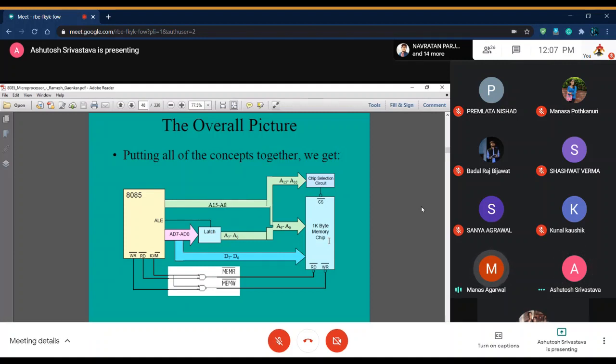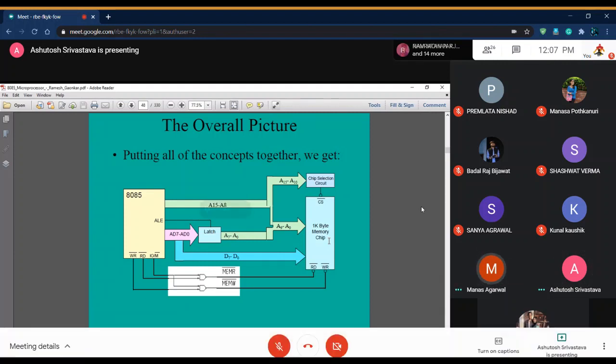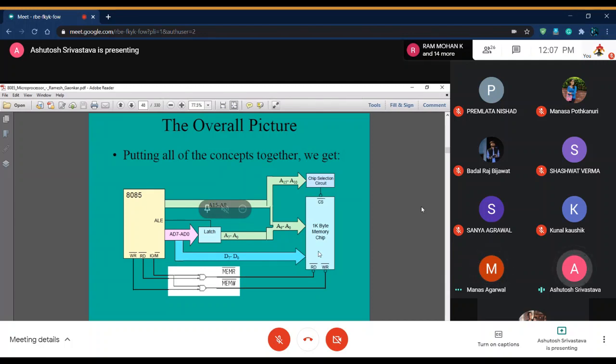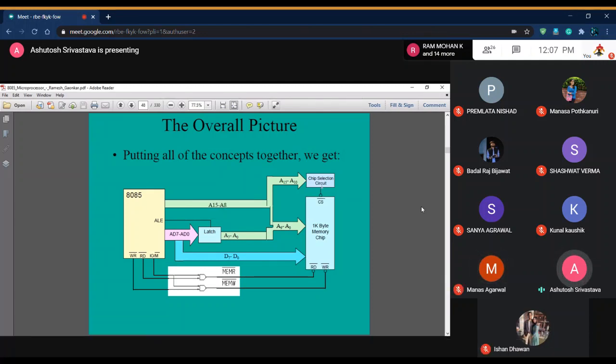What is chip selection? Basically, if you want to talk of a particular domain within this chip, which is a memory chip, here it is talking about 1K. It is not actually 1K.